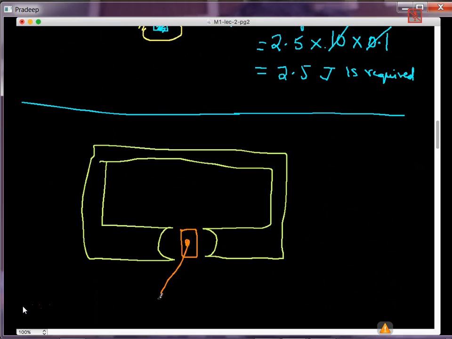So this is a shaft. To this shaft, I will attach a mechanical load. Now the same logic applies. In order to reduce the air gap, this will rotate like this and this will rotate like this, and the air gap will be reduced.